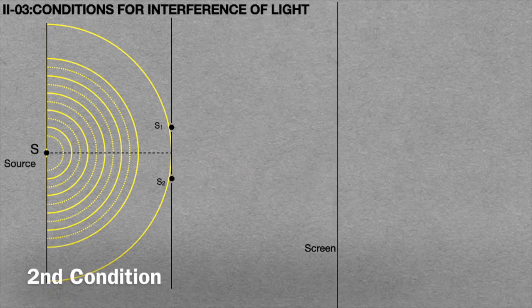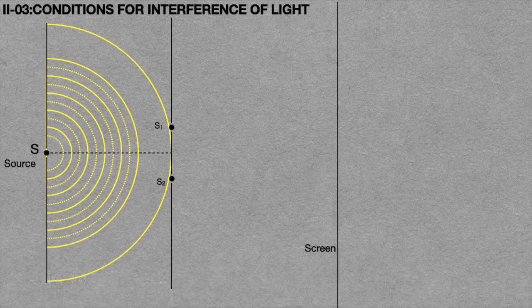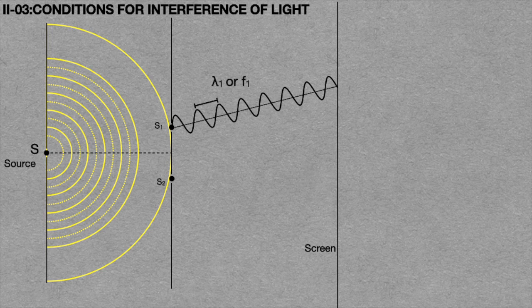Next, the second condition was shown in this animation. Consider the light wave emerging from light source S1 having wavelength lambda 1 or frequency f1, and the second light wave emerging from light source S2 having wavelength lambda 2 or frequency f2.